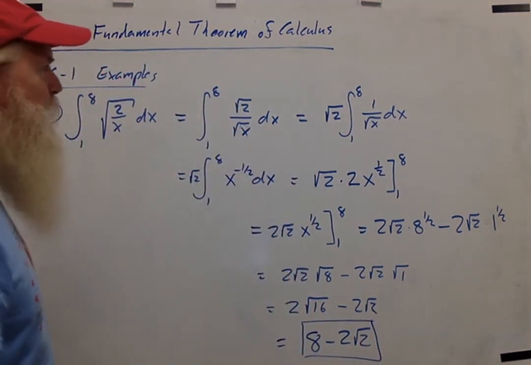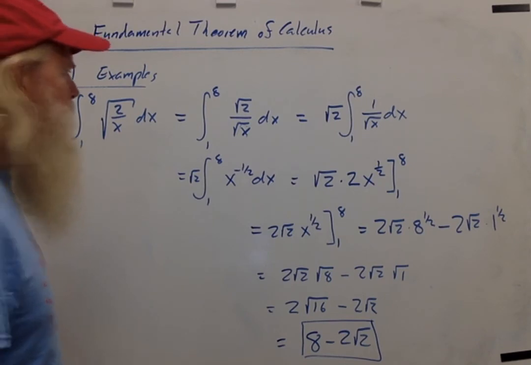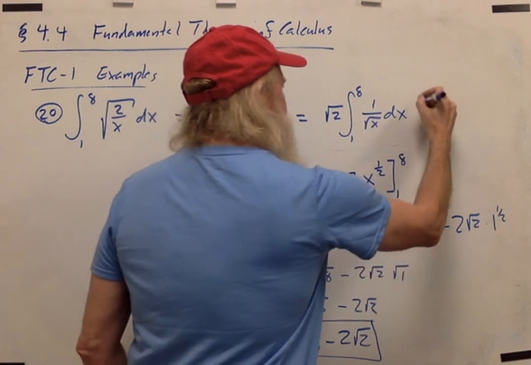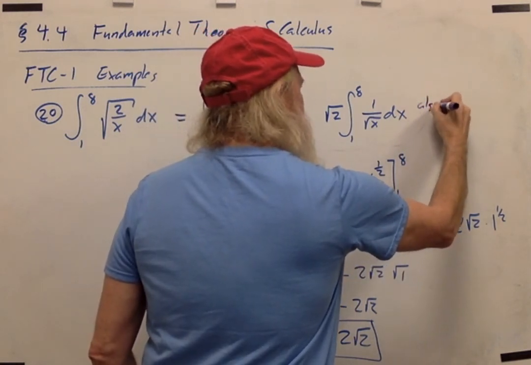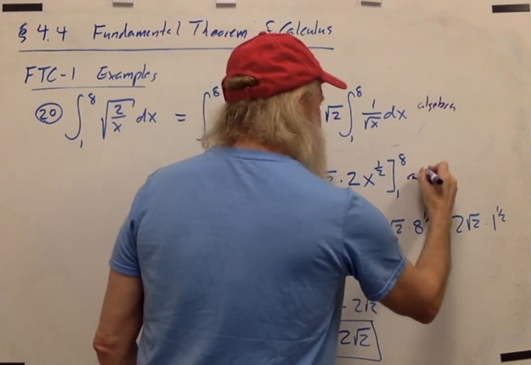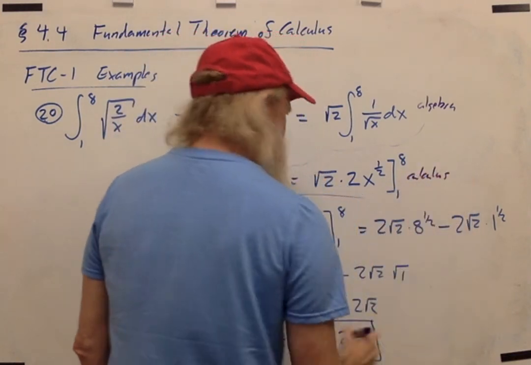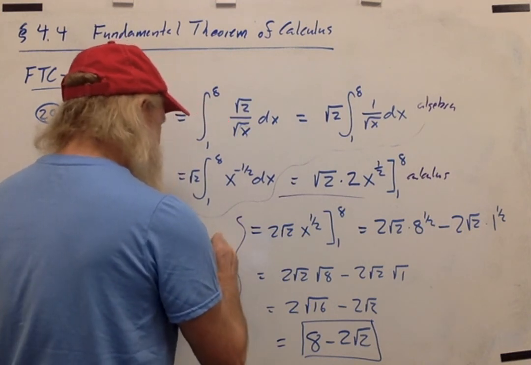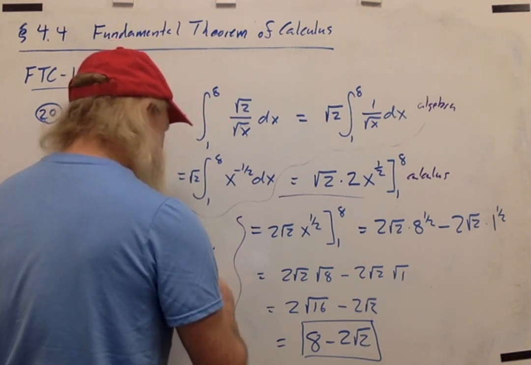So I guess if we were to break this up into different parts, up to here is algebra. This step is calculus. And this part down here is algebra and arithmetic.